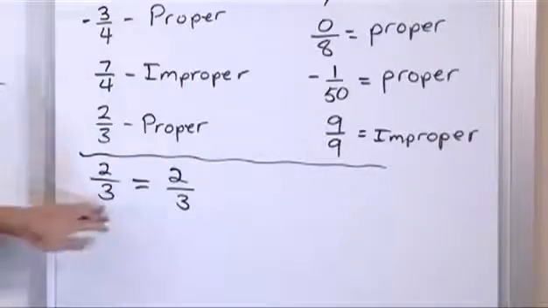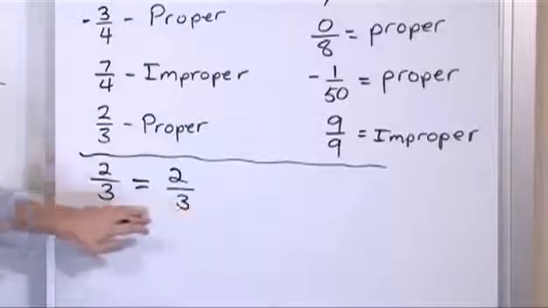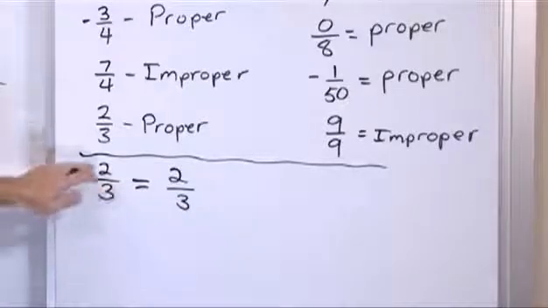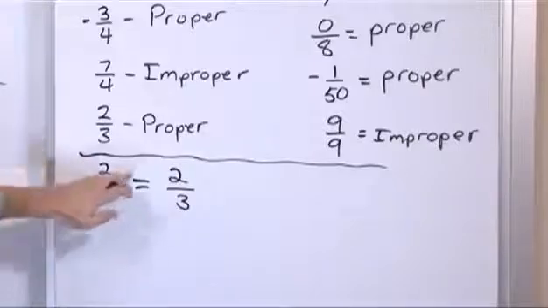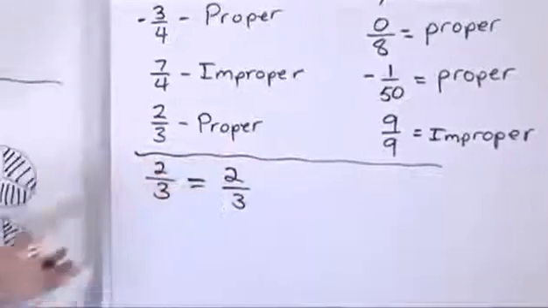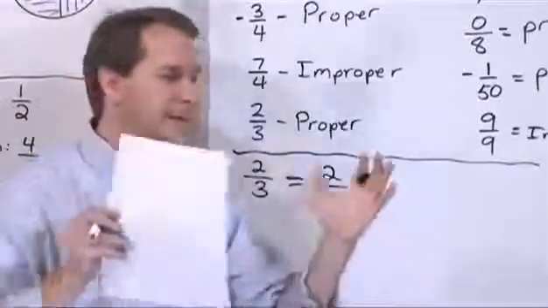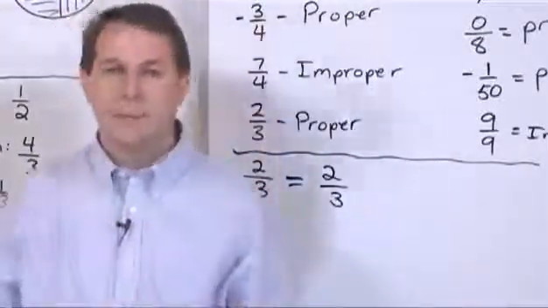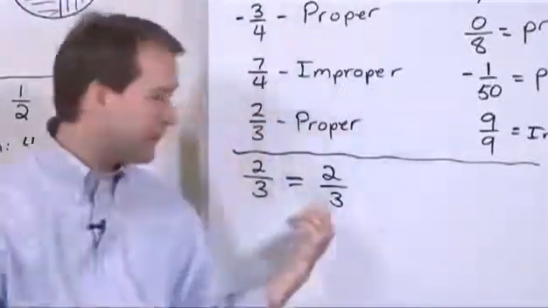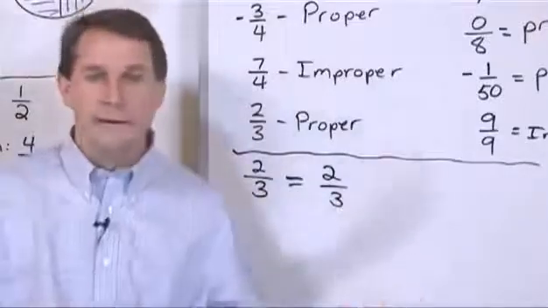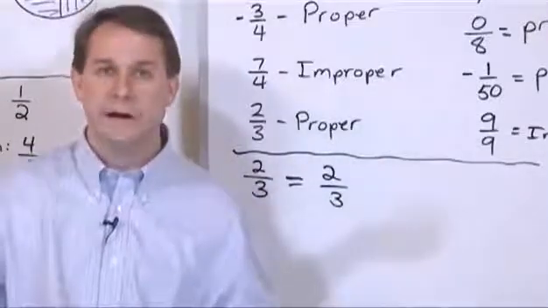I have in my hand 2 of those 3 pieces here, and I have 2 of those 3 pieces in my other hand. So yeah, I have the same amount of pizza as I do candy bar, because I divided them both up into 3 pieces, and I have 2 pieces of each of those things after I divided them up.